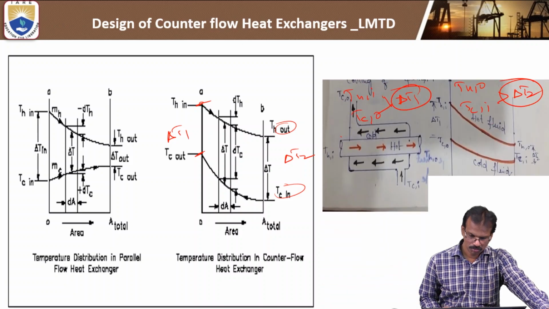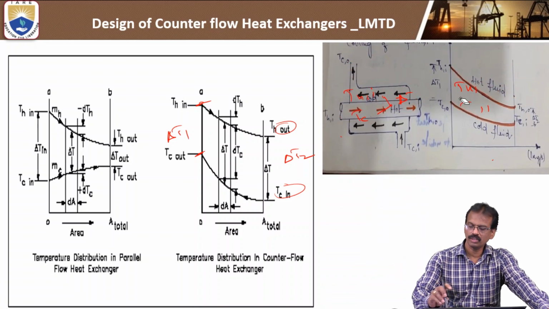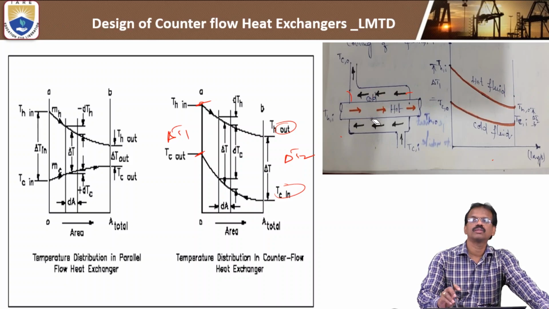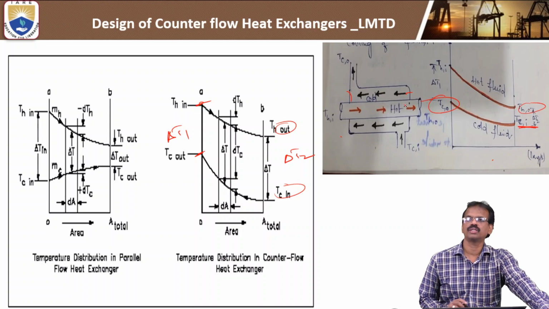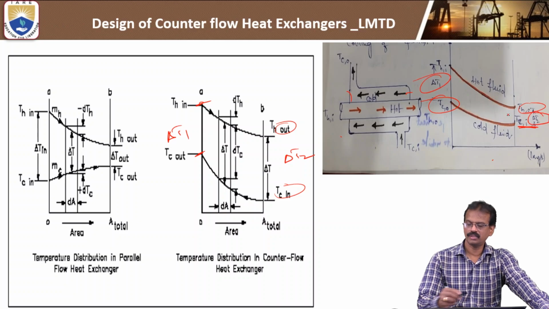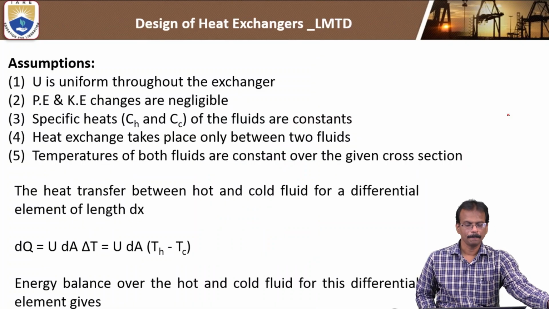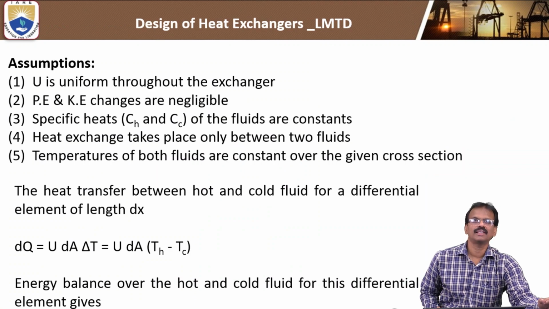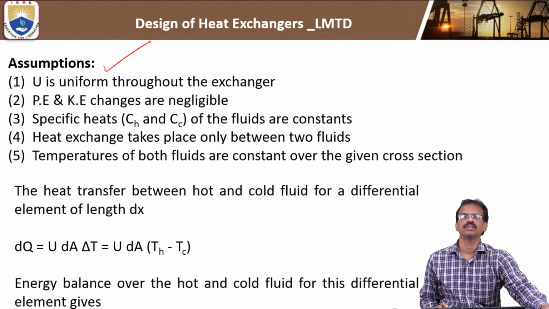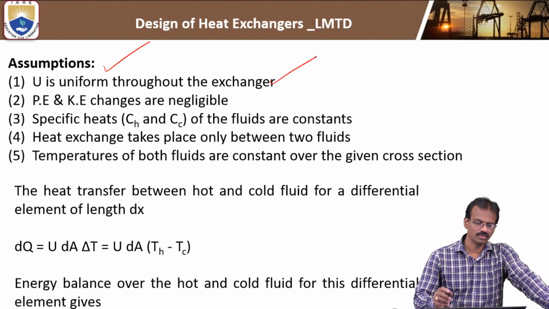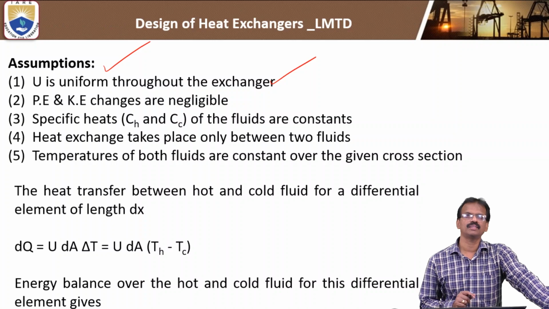We will see the same assumptions here. You can refer to this one. Flow is parallel but opposite to each other: hot fluid inlet to hot fluid outlet, but cold fluid inlet here and cold fluid outlet here. This is delta T1, this is delta T2. We take the same assumptions as in the parallel flow heat exchanger. U, the overall heat transfer coefficient, is constant throughout the heat exchanger.